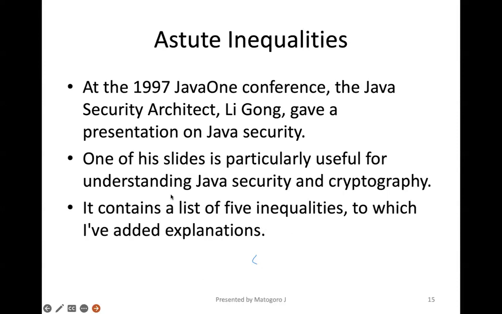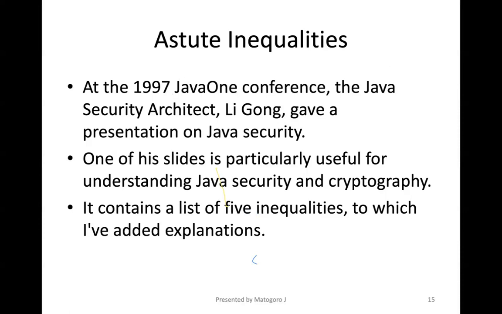I think I should also mention some of the inequalities. In 1997, at the JavaOne conference, the Java security architect gave a presentation on Java security. One of his slides is particularly useful for understanding Java security and cryptography.